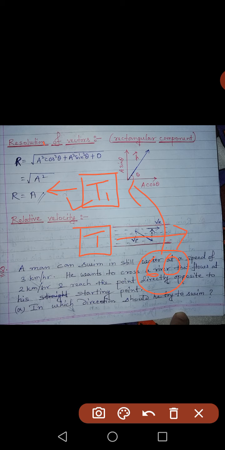Whatever velocity you have when you are sitting inside a train, when you look through the window and see the other train at rest, you feel the train is moving backward with the same speed that your train is having.